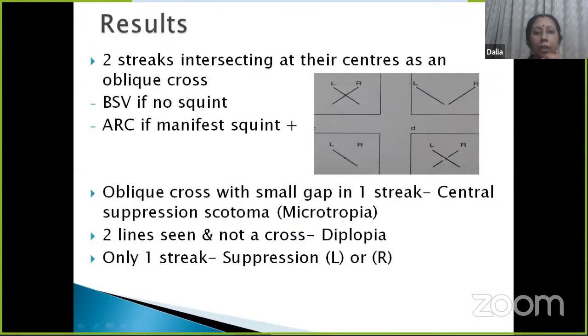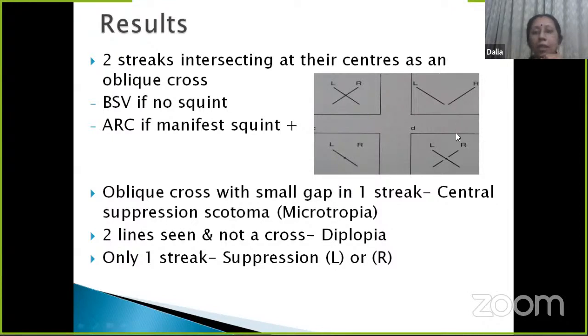And how will you interpret the results of the test? If the patient sees two streaks as an oblique cross, that means the patient is having binocular single vision, provided he doesn't have any squint. If he's seeing the cross in the presence of a small angle squint, that means he's having anomalous retinal correspondence.